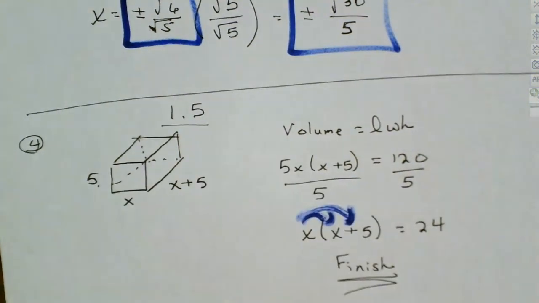Now, it doesn't say anything about rounding, so I imagine it's probably going to be 0 factor. If it doesn't say anything about how to round, it's normally going to be a 0 factor. So you distribute that x through, set it to 0, try to factor it first. If it doesn't factor, then use the quadratic. But it's usually a lot easier to factor than use the quadratic. And it should factor out nicely.